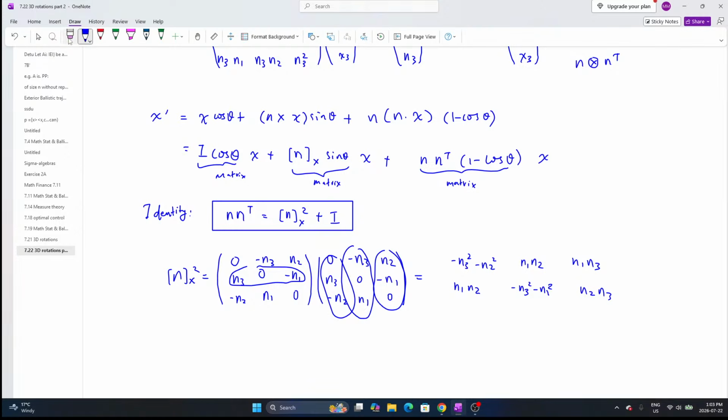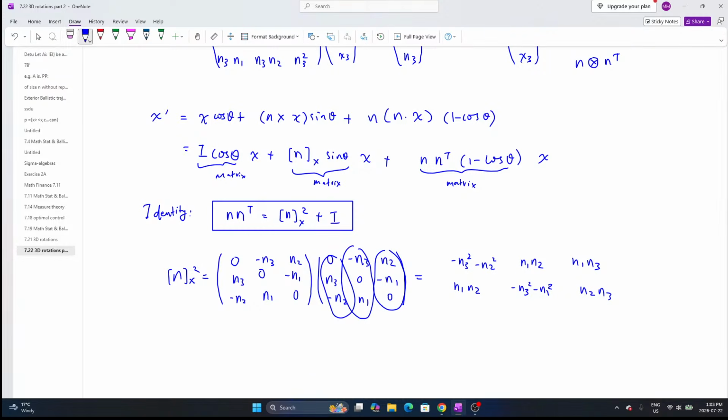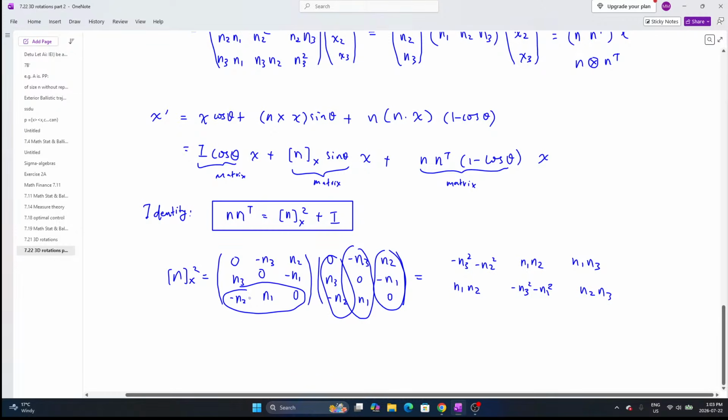Okay. Just a bunch of chores, but can still be a pain. 0, n1, n3. Okay. n1, n2, n3, yeah, n2, n3. And lastly, you get minus n1 squared minus n2 squared.